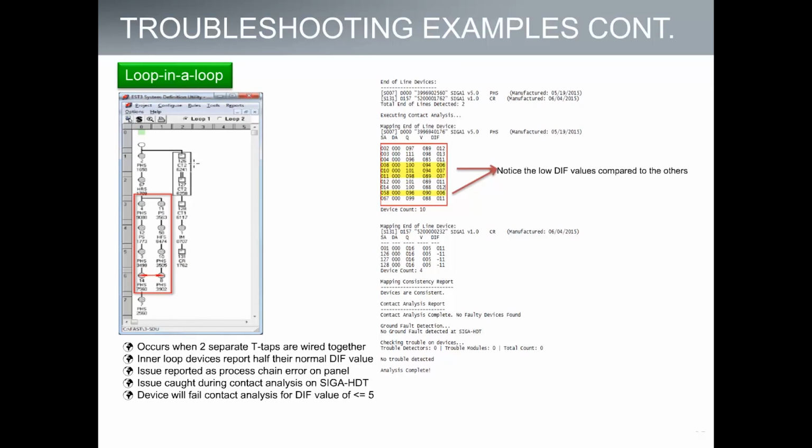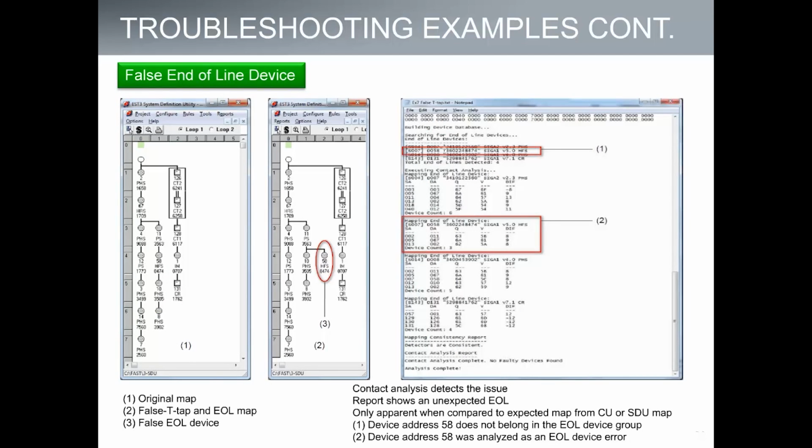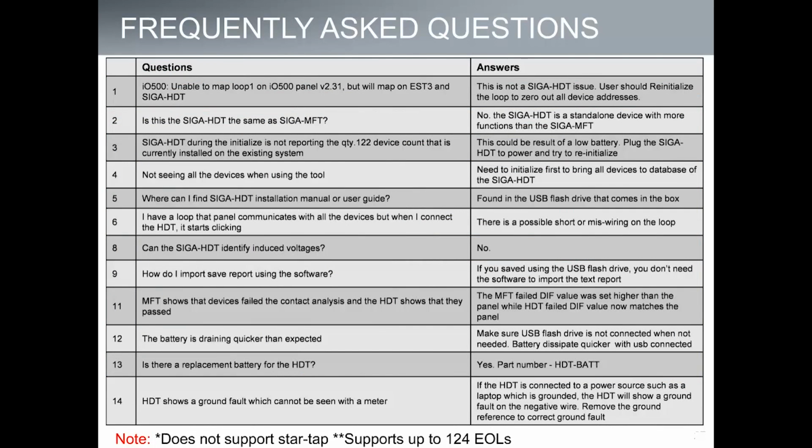It can also identify a loop in a loop, and it will also help identify a false end-of-line device. You can reference some additional information with regards to these troubleshooting examples in the back of the SIGA-HDT manual if you would like some more information.